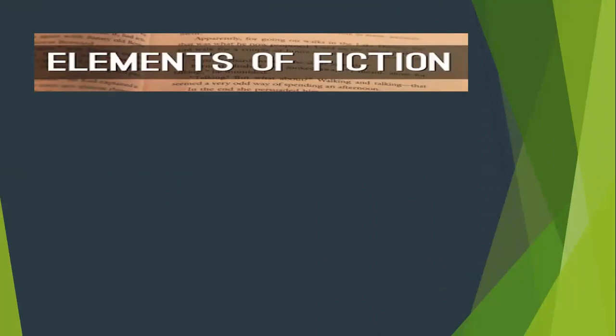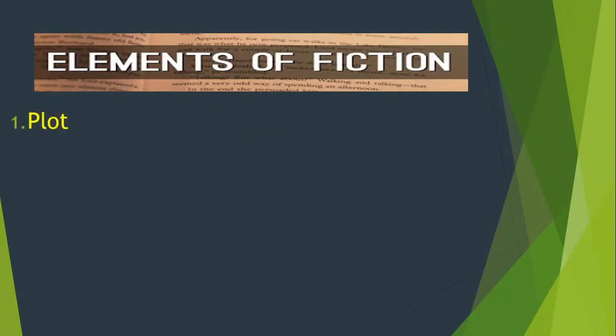First of all, if we would like to study any type of fiction, any type of story, we need to know the elements of fiction. We need to study the main elements of any story or novel in order to analyze it. So what are these elements? We have 5 elements actually.